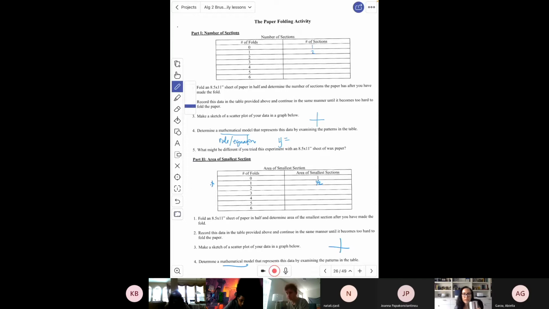Okay, Reese and Nathan said they have the table of values. So try to find the rule. And then you'll be able to explain to us how you found the rule.